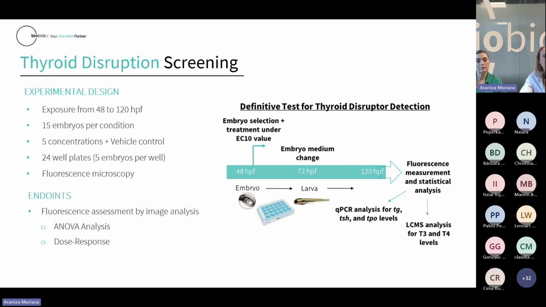And at the end of the assay, we take images of each embryo to analyze the fluorescence of the reporter gene. With this assessment of the fluorescence, we could perform an ANOVA analysis to compare the results of the reference compounds with our vehicle control and to perform the dose response curves.